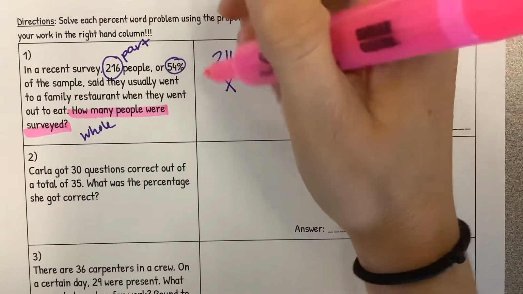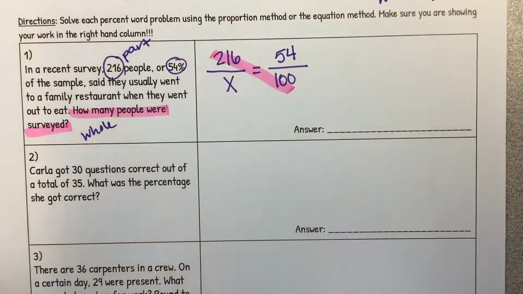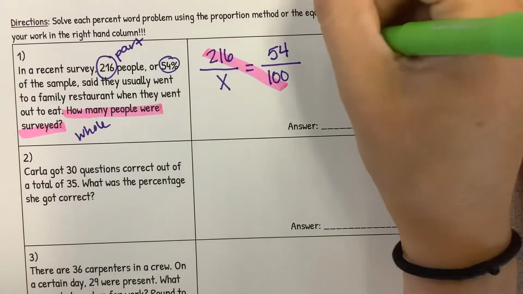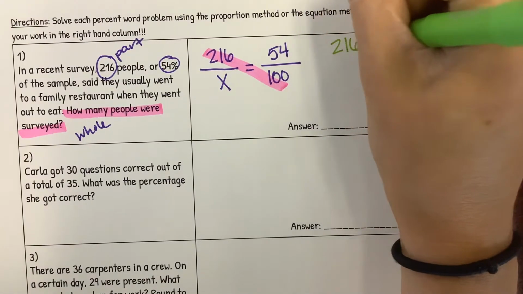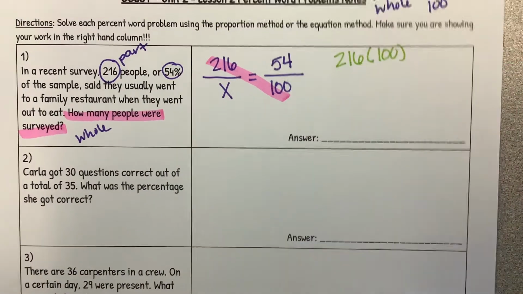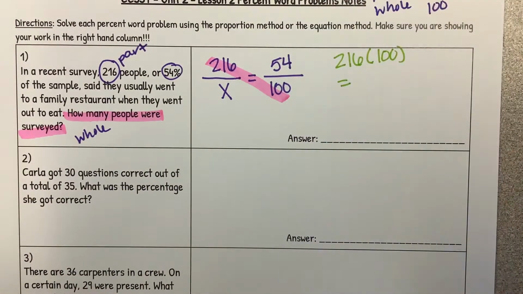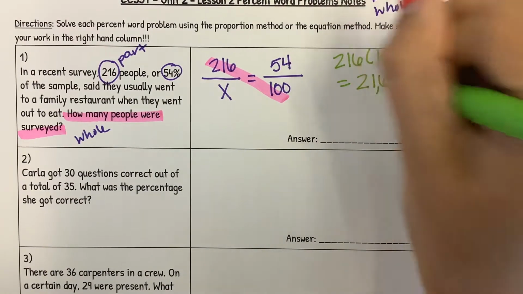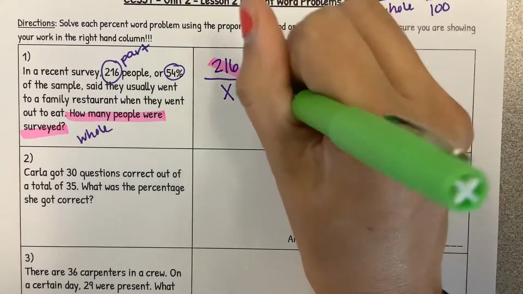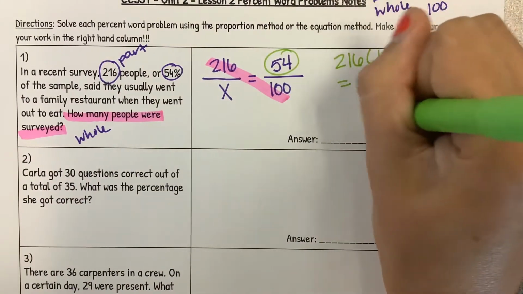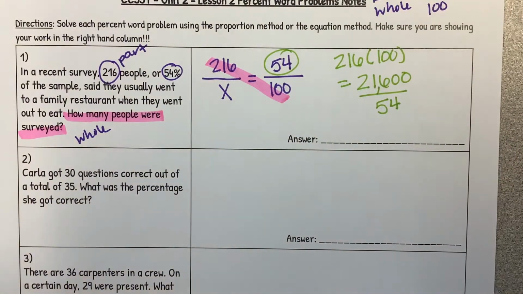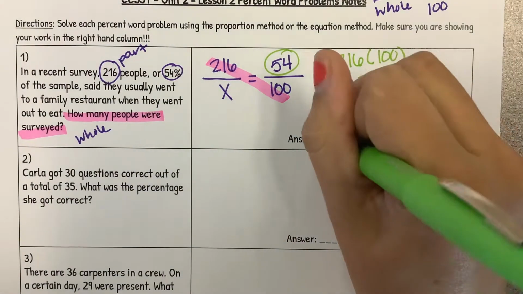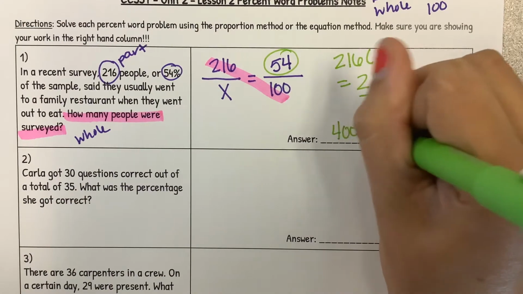I'm going to multiply these two: 216 times 100, which is 21,600, divide by the number in the same diagonal as the variable. So 21,600 divided by 54 is 400 people.